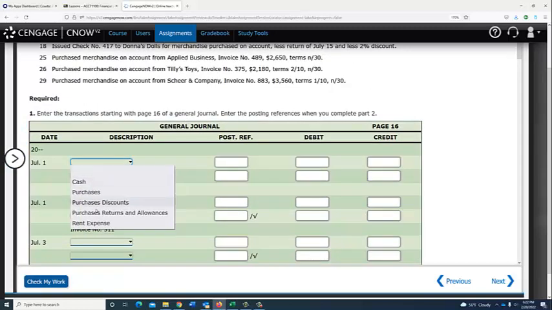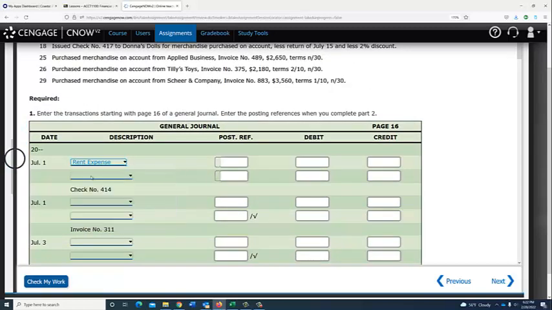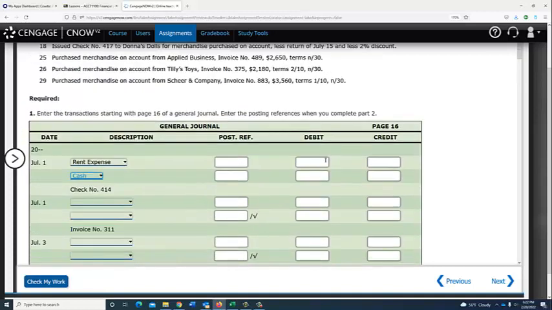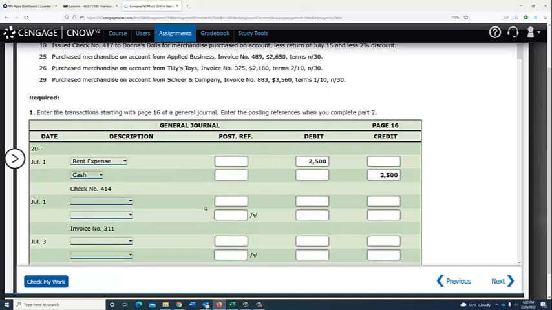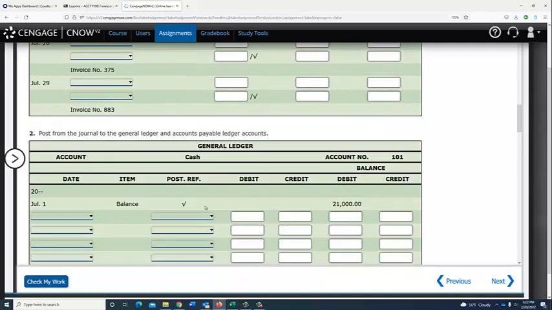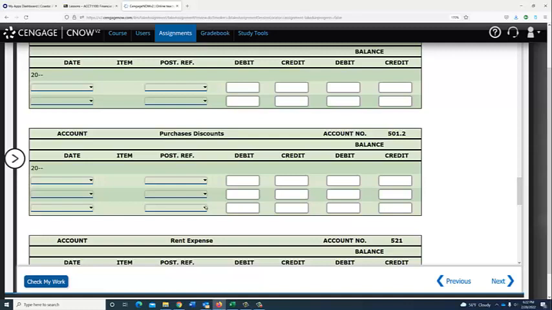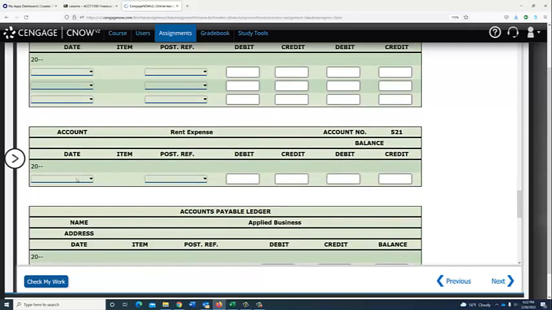When we pay the rent, we debit rent expense, and we've paid it, so we're going to credit cash, and that was for $2,500. Okay, so let's go ahead and post this and get it out of the way. We're going to debit rent expense for $2,500. So we'll go down and find the rent expense account.